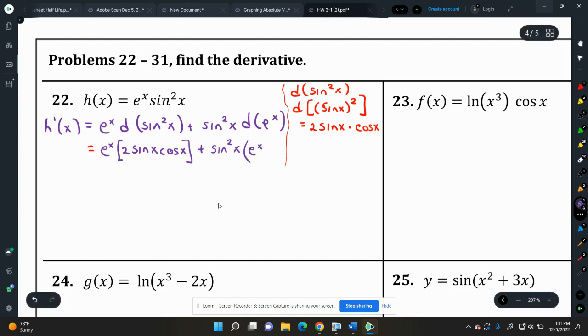E to the x, which is 1. So I'm just going to clean this up a little bit: 2e to the x sine x cosine x plus e to the x sine squared x.